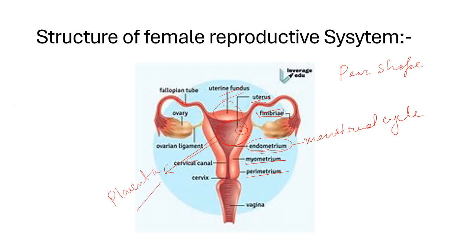Then coming to the external part, the uterus extends into a canal-like structure known as the cervical canal, and the cervical canal ends at the cervix. Then the cervix continues to the vagina, that is the external genitalia. The cervical canal and cervix are mainly responsible for parturition, meaning during the delivery of the fetus.